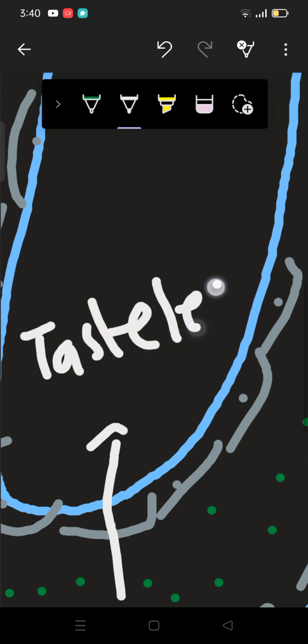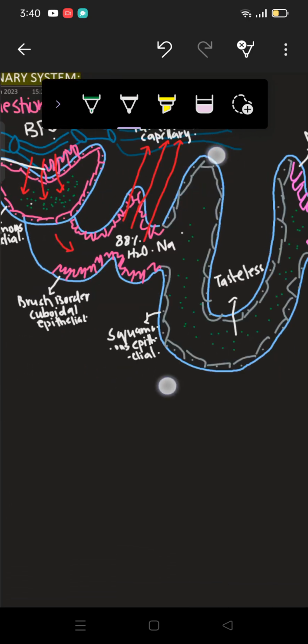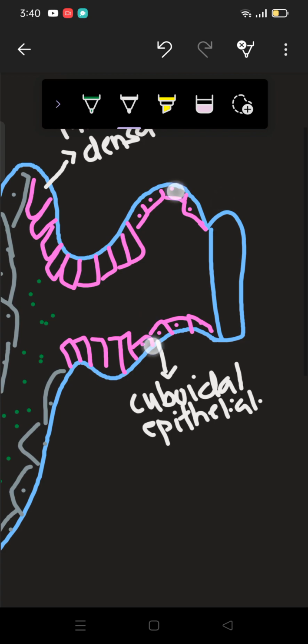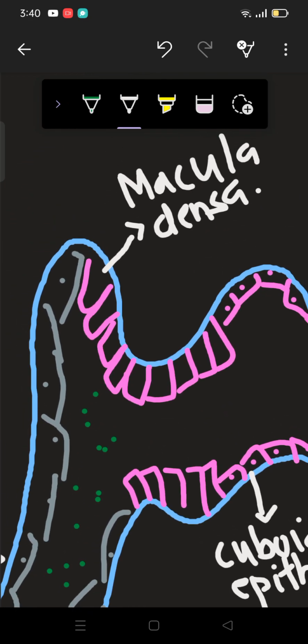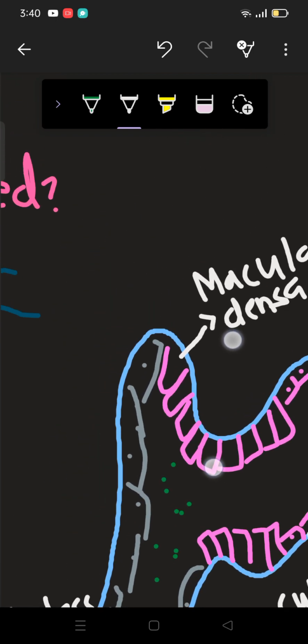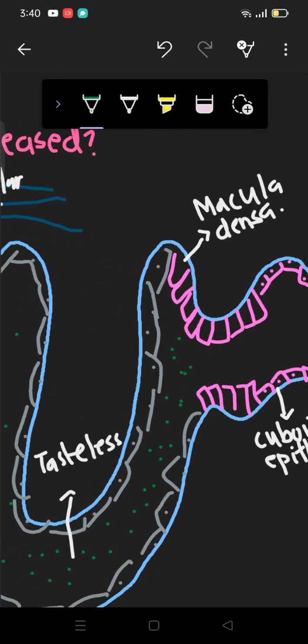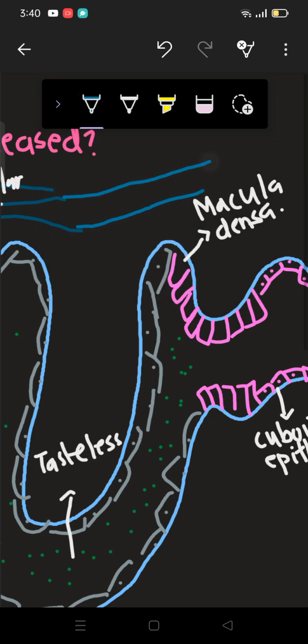Now the DCT has the modified cuboidal epithelial cells known as macula densa. Macula densa has the power of testing this fluid. When it tests, it will inform the peritubular capillaries. So let me make these peritubular capillaries bigger.